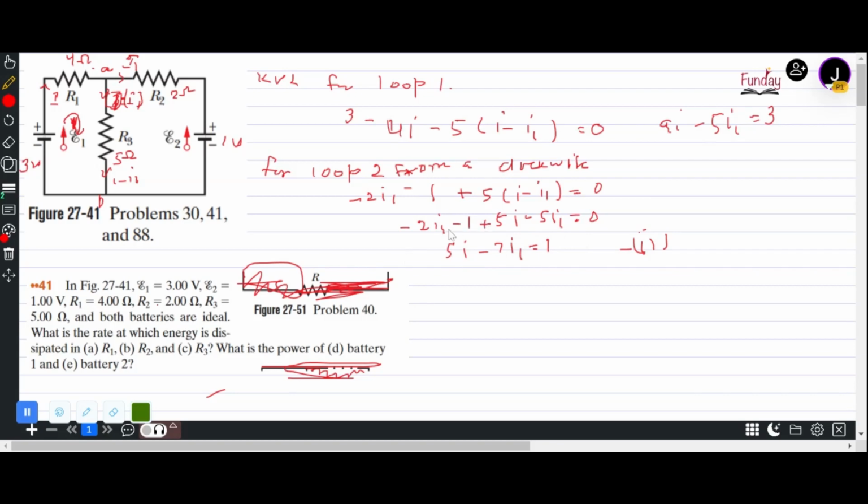So what we'll do is we'll multiply first one with 7 and second equation with 5, and we'll nullify I1. These are standard methods of solving linear equations, which you would have studied probably in your high school program.